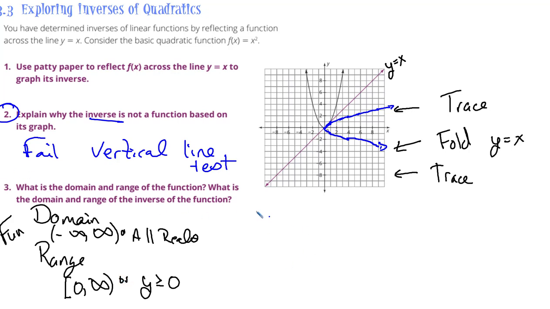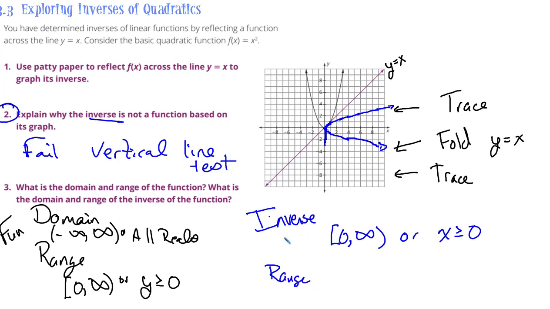For the inverse, the domain now starts at 0 and ends at positive infinity. Or again, you could have written x is greater than or equal to 0. And the range, that was domain, is all reals.